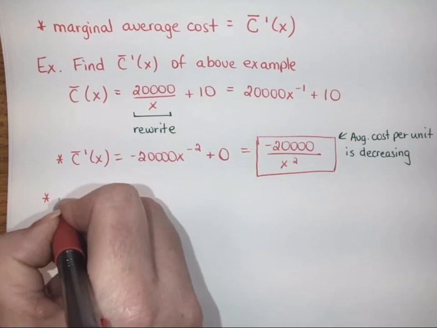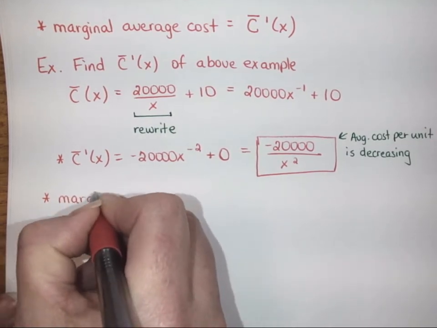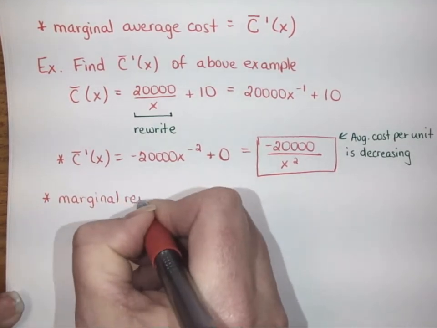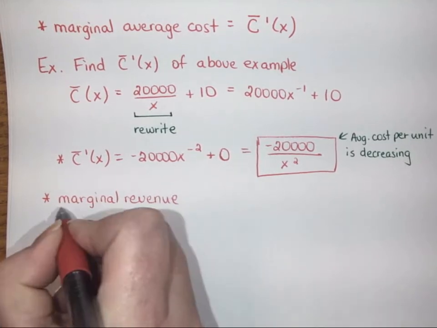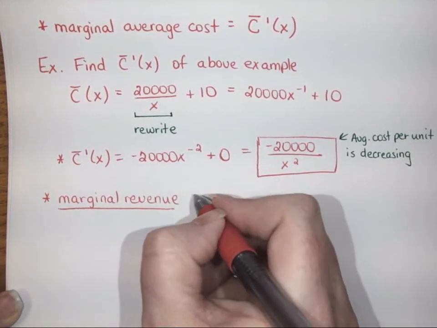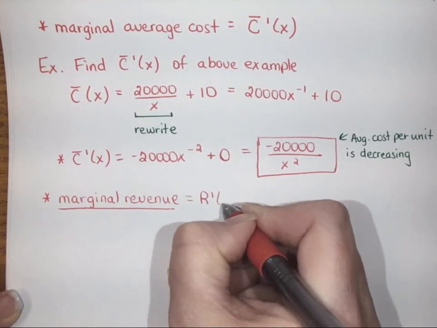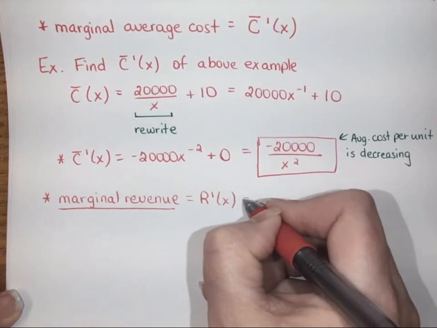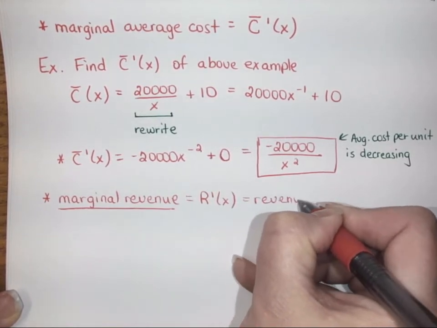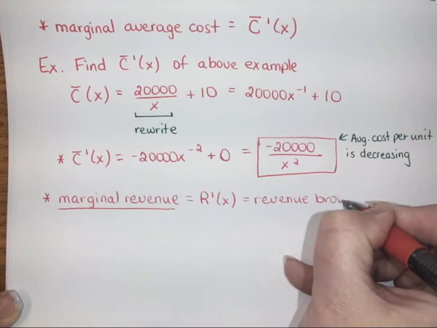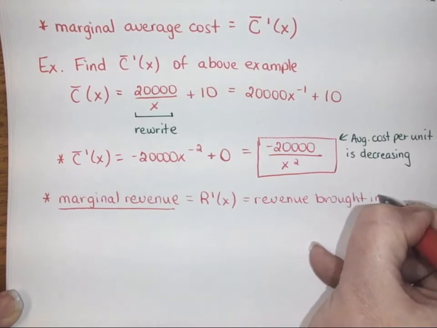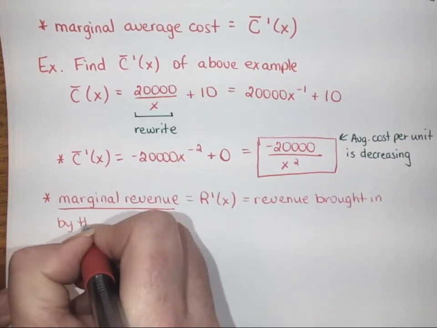Okay, so we also have concepts of marginal revenue and marginal profit. It's not too much of a stretch, but marginal revenue is going to be the derivative of the revenue. Okay, but it is also described as the revenue brought in by the sale of the next item.